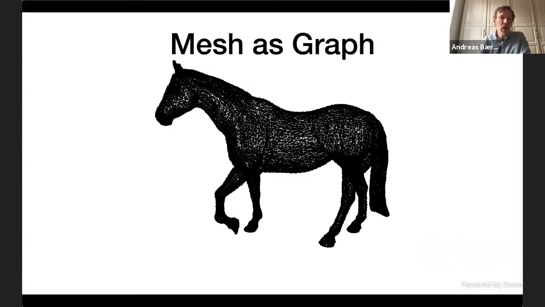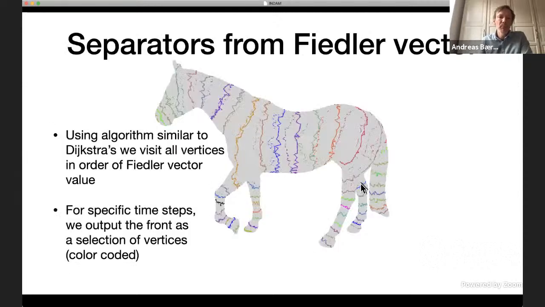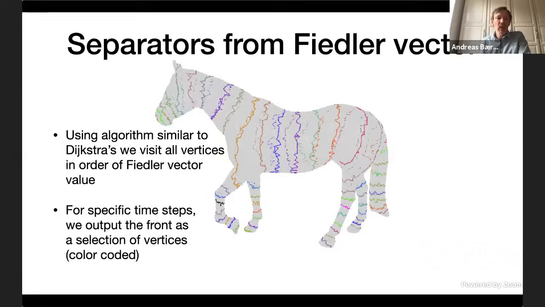Okay. The next step now is to use an algorithm similar to Dijkstra's to basically visit all of the vertices in the order of the Fiedler vector value. So just a graph traversal starting from the lowest value of the Fiedler vector and then moving up through the mesh.